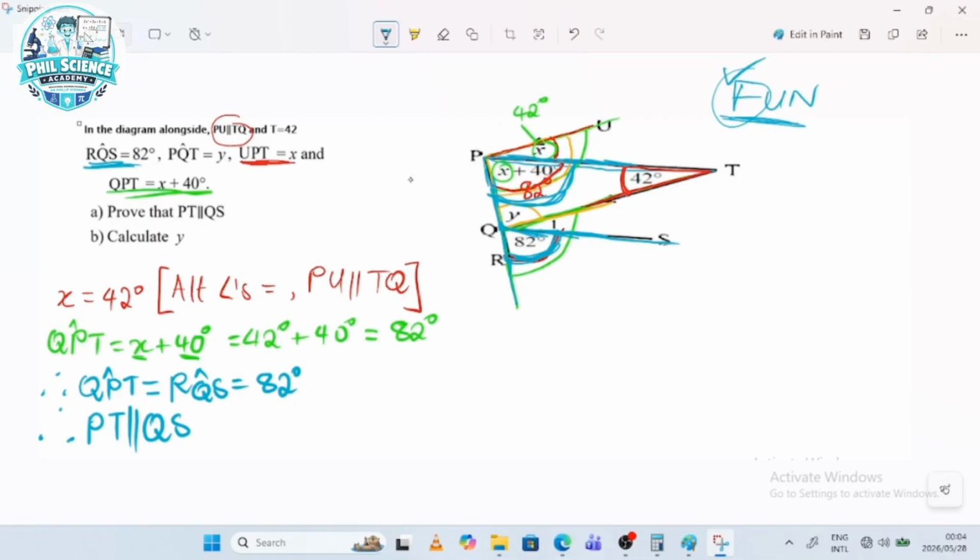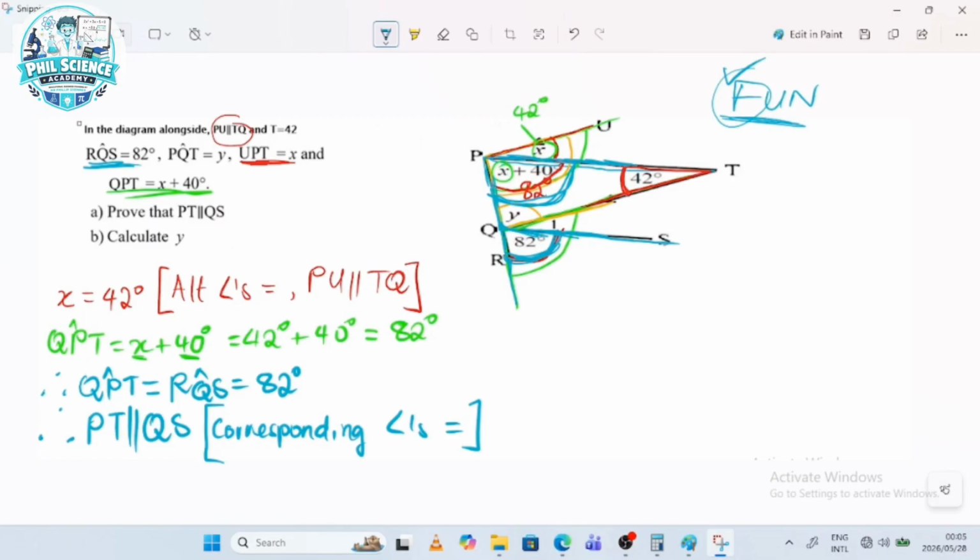So if this angle is equal to this angle, these two angles form an F-like shape, and the F-like shape tells us about corresponding angles that are equal. So that's how you prove this. Remember, you don't just hurry to prove this thing, you just play around. Find the missing values first, and then you'll see doors opening up, right?